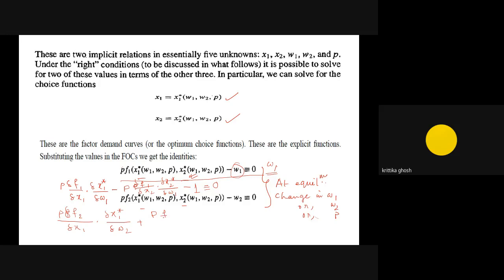Now I am considering W1. So then it will be plus P into del F2 over del X2 into del X2 star over del W1.